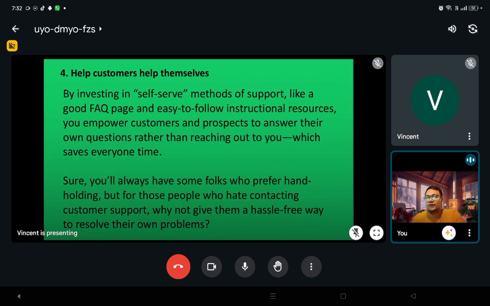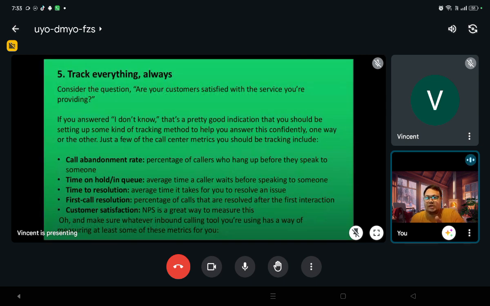Okay, so fifth, track everything always. Consider the question: are your customers satisfied with the service you're providing? If you answered I don't know, that's a pretty good indication that we should be setting up some kind of tracking method to help us answer this confidently, one way or the other. Just a few of the call center metrics we should be tracking include call abandonment rate, the percentage of callers who hung up before they spoke to someone.